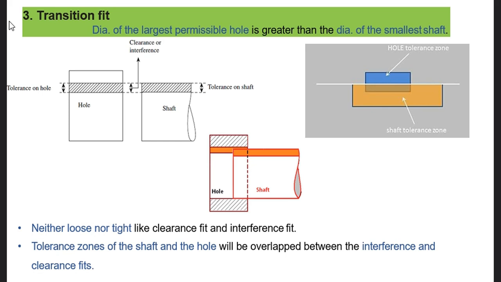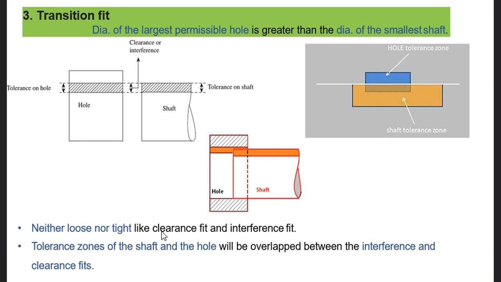As mentioned here, this is neither a loose nor a tight fit. In clearance you see a loose fit, and in interference fit you see a very tight fit, but in transition fit the scenario is not like that. The object is neither too loose nor too tight. That is what you call a transition fit.